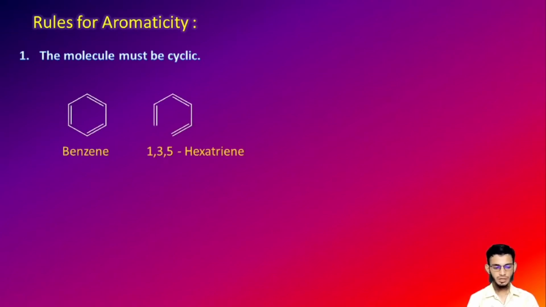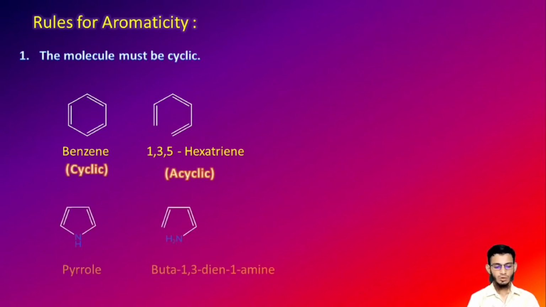Let's take an example here: benzene and 1,3,5-hexatriene, pyrrole and buta-1,3-diene-amine. So benzene is cyclic, so it is an aromatic compound, and 1,3,5-hexatriene is not a cyclic compound, so it is not an aromatic compound, okay. Here I have not mentioned whether it is anti-aromatic or non-aromatic.